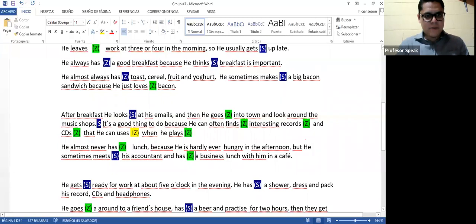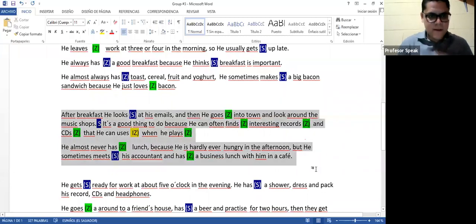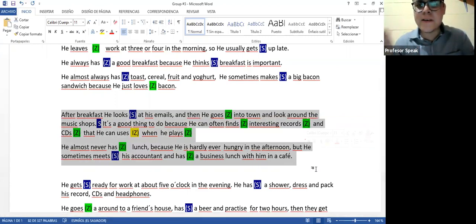So let's focus on the second paragraph. Okay. So after breakfast, he looks at his emails and then he goes into town and look around the music shops, right? The music shops.